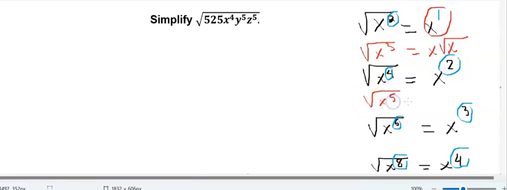What would it give you? X squared times square root of x. There you go. And what happens if you take the square root of x to the 7th? X to the 3rd times square root of x. Yes.